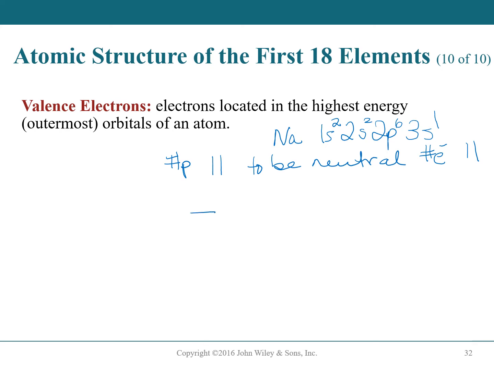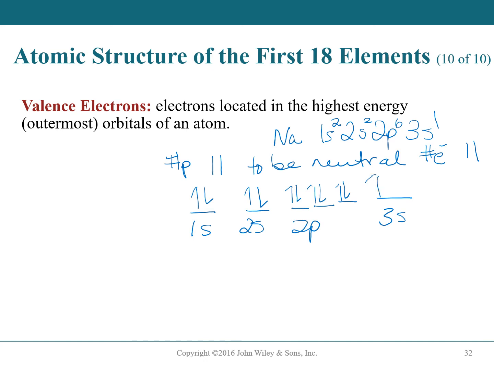So when we do the orbital configuration, you have to go through 1, 2, and 3. Okay, so 1, 2, 3, 4, 5, 6, 7, 8, 9, 10, 11.